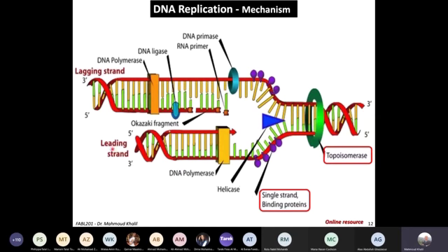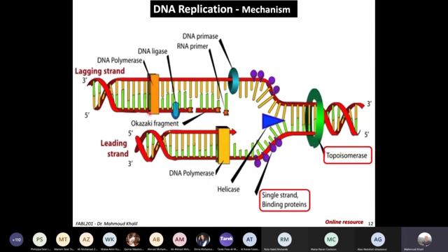And you can see here how the leading strand is formed from the 5' straight away, and how the lagging strand is formed. This is the action of the ligase, which sits on the fragments and tries to ligate Okazaki fragments. And you can see as well how the primase is sitting, forming the primer that will guide the DNA polymerase to move.